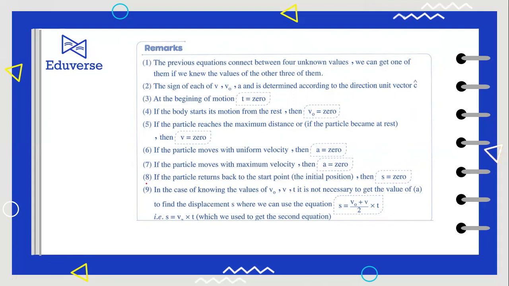And then number 8, if the particle returns back to the start point, then the displacement S equals 0. In the case of knowing the values V naught, V, and t, it's not necessary to get a to find the displacement. I can use this rule: V naught plus V over 2, multiplied by t.